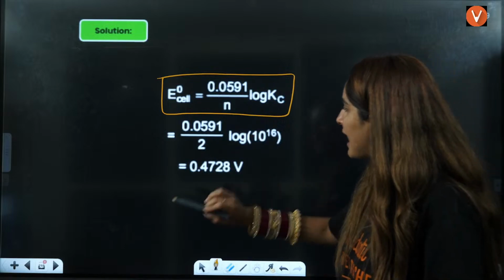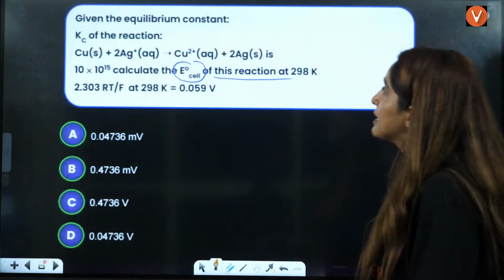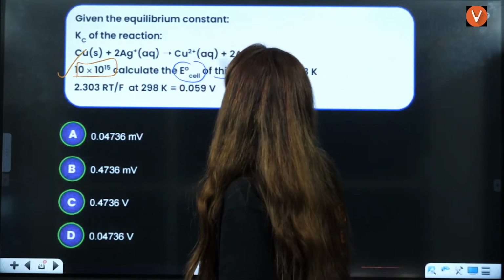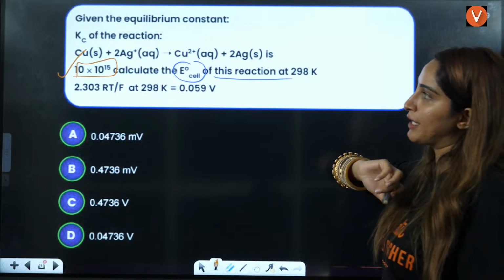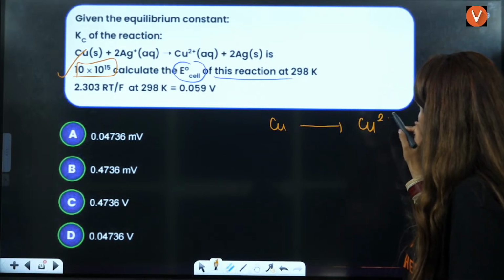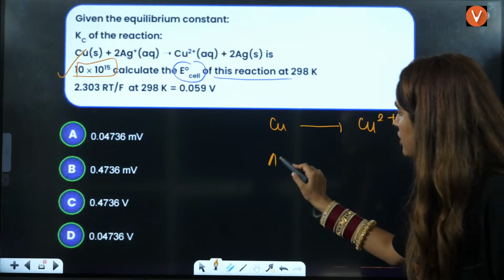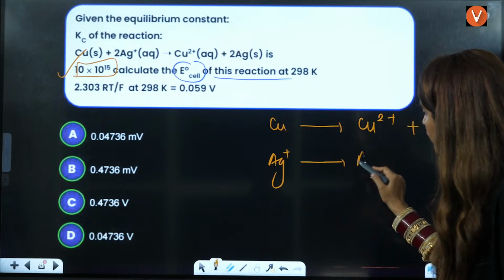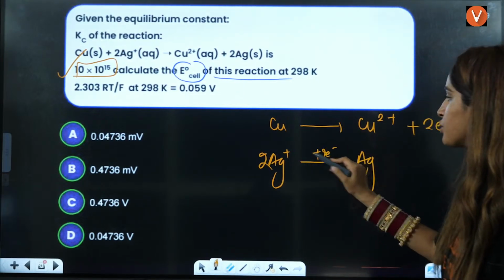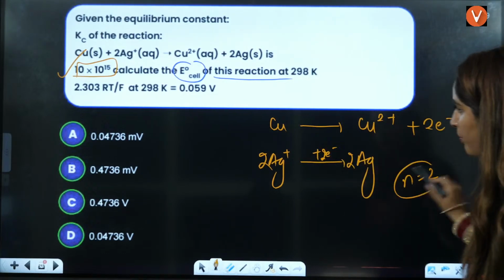So you have to see the N factor. KC is given to you. You need to tell me the number of electrons here. Copper is getting converted to Cu2 positive by losing 2 electrons. Ag positive is getting converted to Ag by gaining 1 electron, because for 2 Ags we have to gain 2 electrons. So N factor is going to be 2.